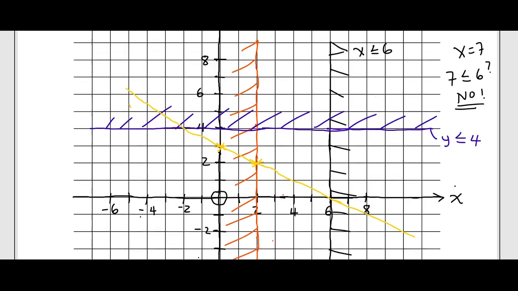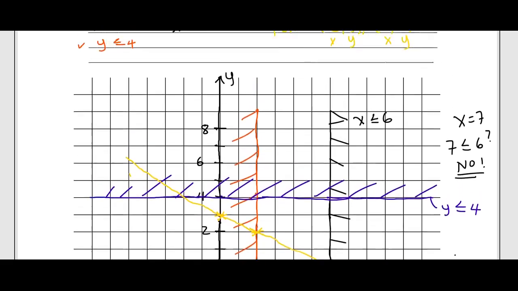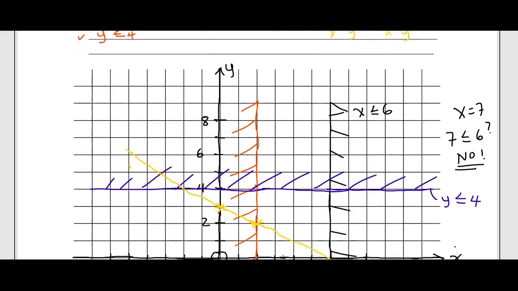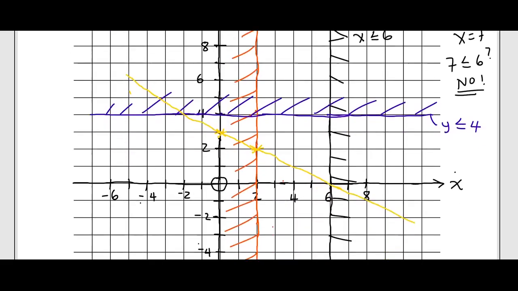This is our line. Now which side are we going to shade? Which side is unwanted? Now it is not direct as the others. So for us to get which side we are going to shade out, we choose a point either on this side of the line or on the other side of the line where my cursor is.